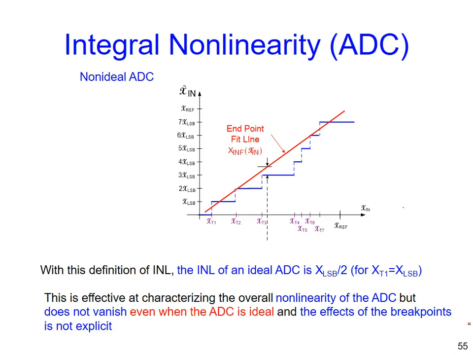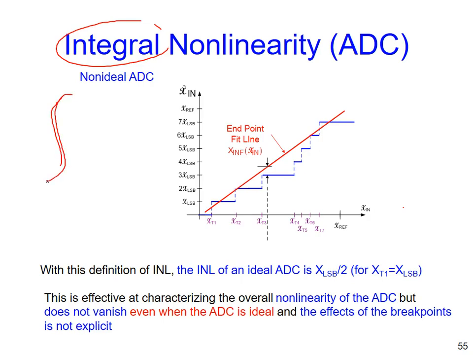Two weeks ago we talked about the linearity error definitions. For integral nonlinearity, I forgot to tell you why we have such a definition, integral or differential. Integral, in calculus, looks like this, right?